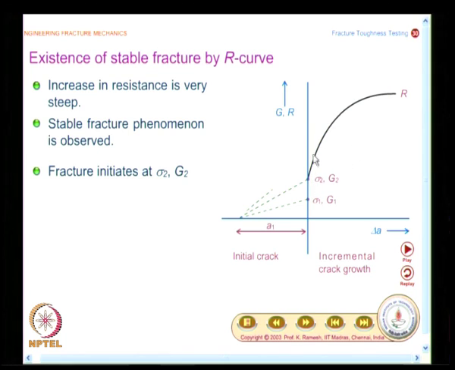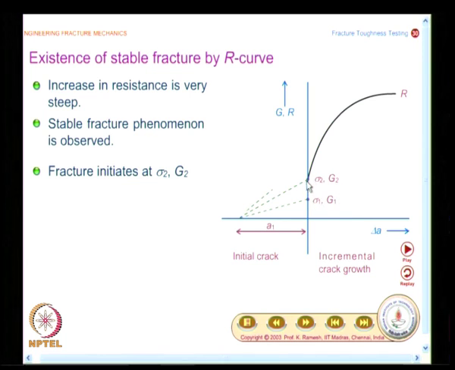Because the R curve is steep like this, when you have a stress sigma 1 and the corresponding energy release rate is G1, which is less than the resistance, the crack will not propagate.